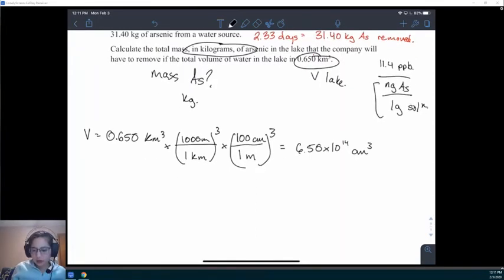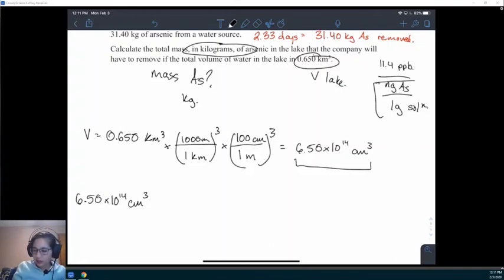So I want to start with this volume of the lake, so I'm just going to start a new line. I could have just kept going, but I just want to show you what my thought process is here. So start with the volume of the lake, 6.50 times 10 to the 14 centimeters cubed. Our goal here is to get to grams of arsenic, and we're going to use the concentration given here.